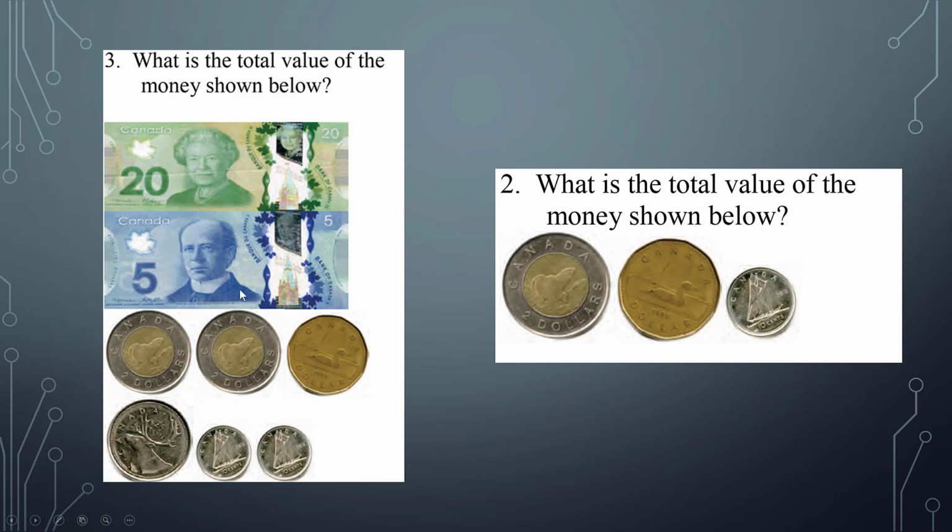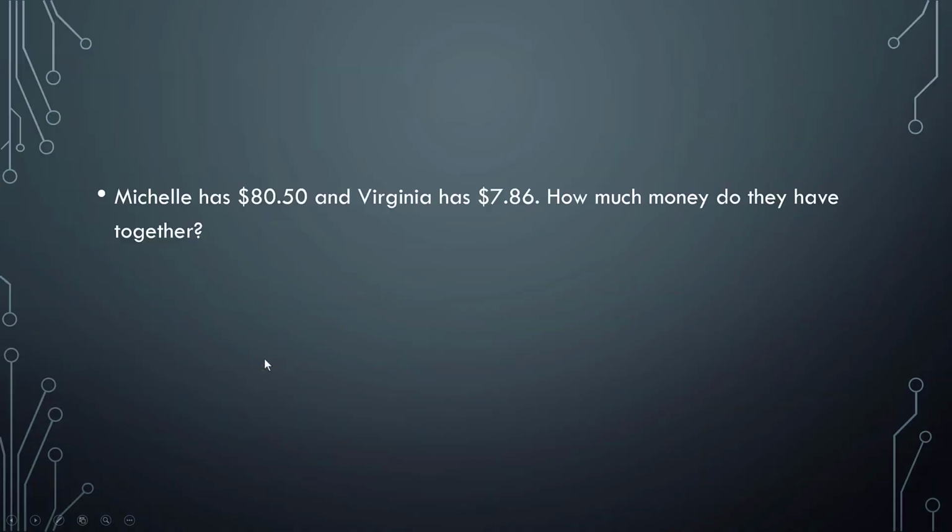So 20, 25, 27, 29, 30. We already know it's in the 30s, 30.25, 30.35, 30.45. Over here we have a toonie and a loonie, so 2, 1, 10, 2 and 1, that's 3, and then a 10 cent, so $3.10. And that one here is going to be $30.45, okay?